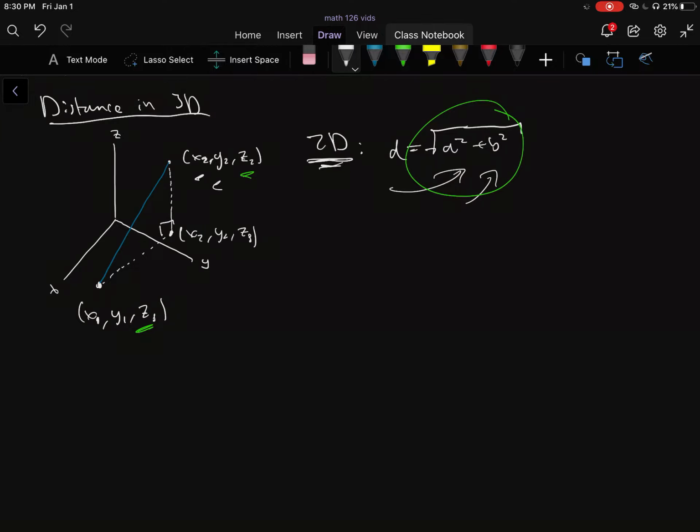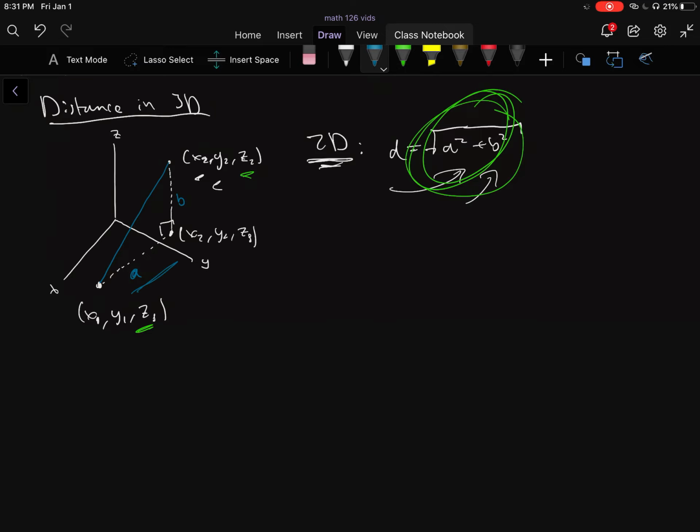So how exactly is this original 2D formula going to help us out? Well, we're going to be using the exact same original distance formula. We're going to say that this long side is going to be A, and this height side is going to be B. Now, what you notice by creating this point and making this triangle is that we are actually able to find the distance of A now.